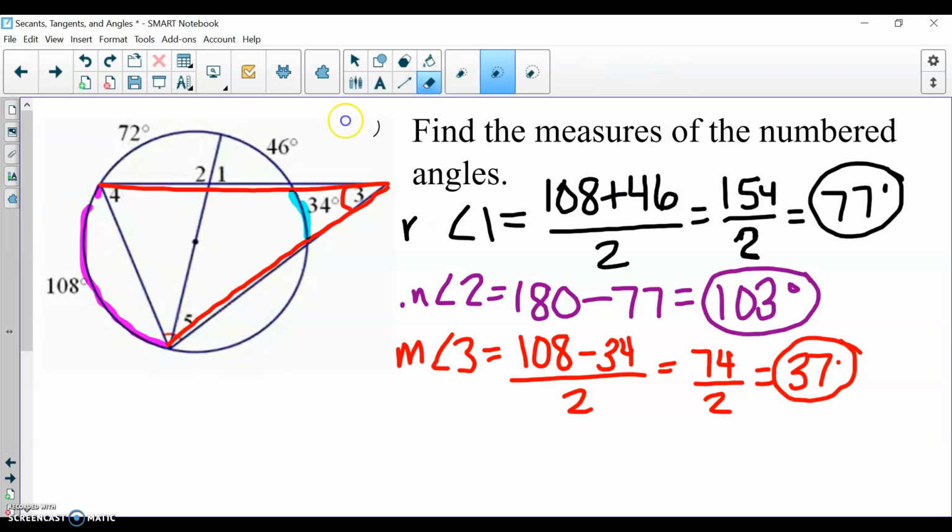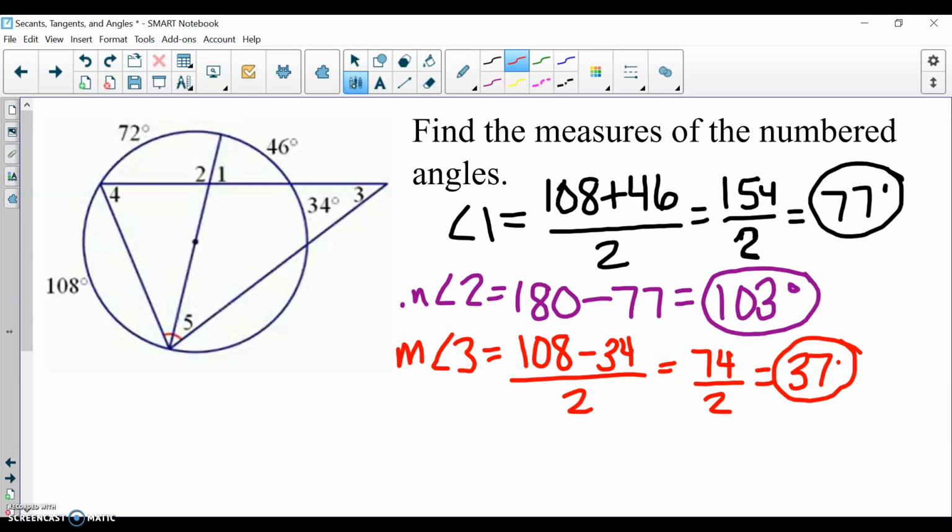Right, angle 4. So notice that angle 4 is an inscribed angle. Its vertex is on the circle. And the inscribed angle opens up to our arc over here.